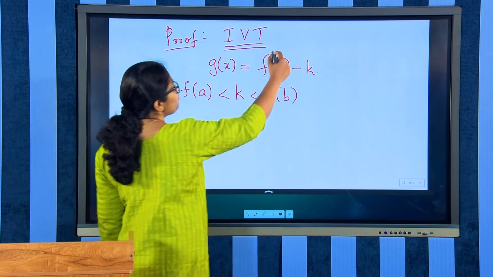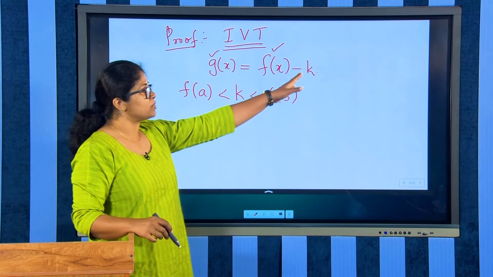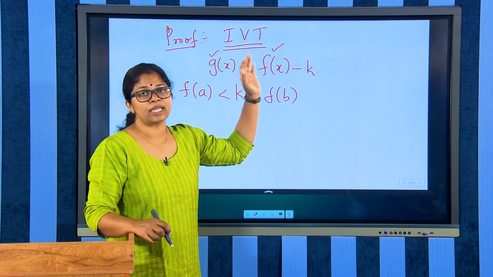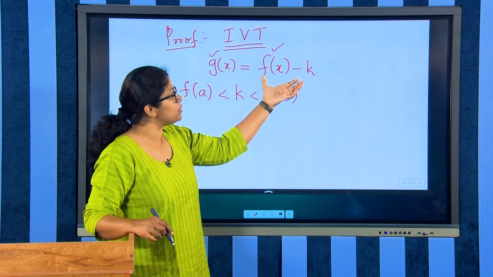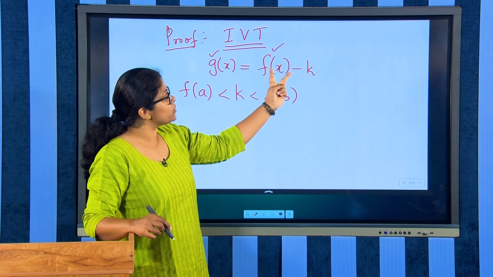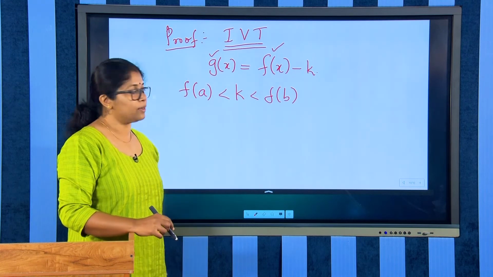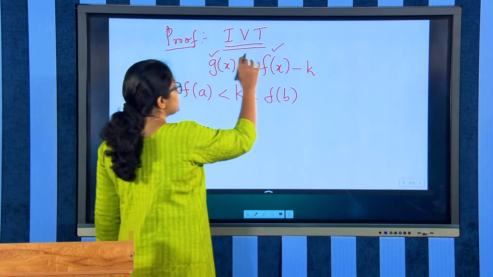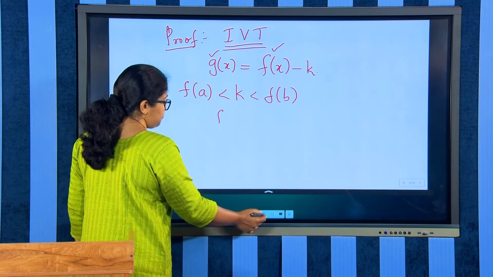If f is continuous, g is also continuous because k is a constant function, and we have seen in the session on continuous functions that if both f and g are continuous, f minus g is also continuous. So the difference of two continuous functions is continuous, and so g of x is continuous here.